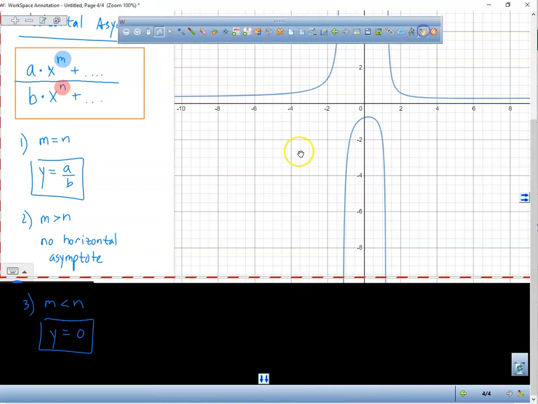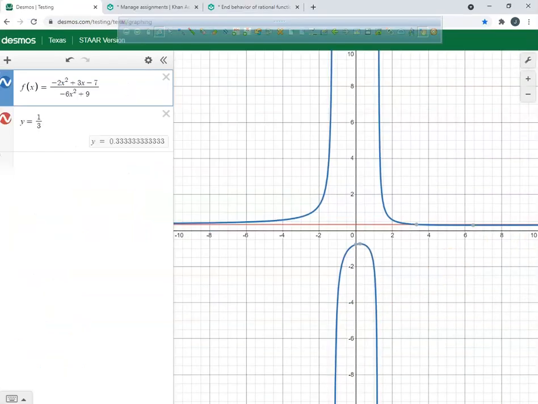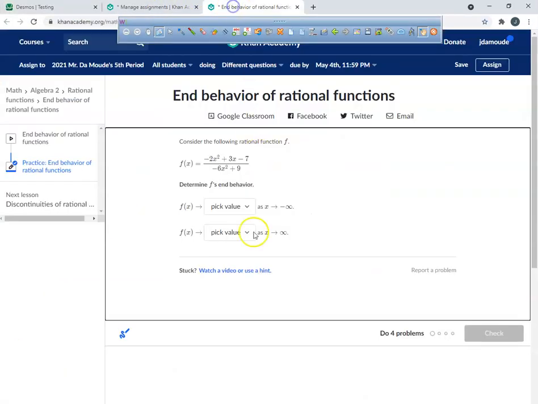So in this case, we have it equal to each other, don't we? Right? So right now, as it's going to the left, what's it getting closer to? 1/3. As it's going to the right, what's it getting closer to? 1/3. So I'm going to go over here and take a look at my end behavior.